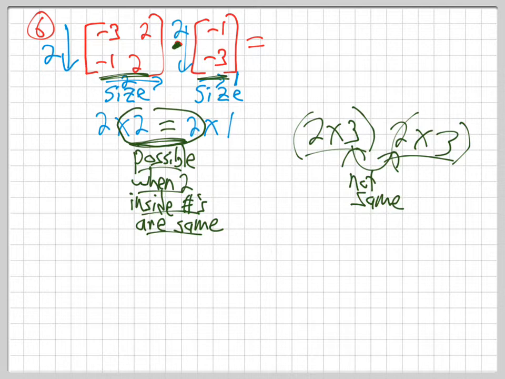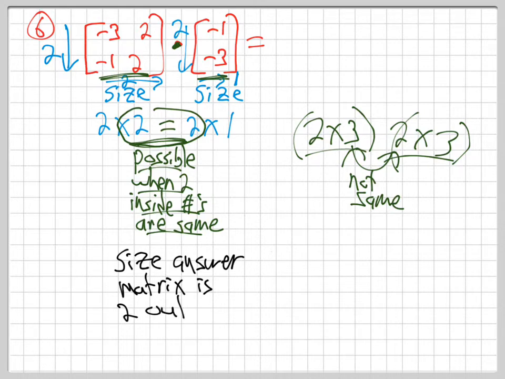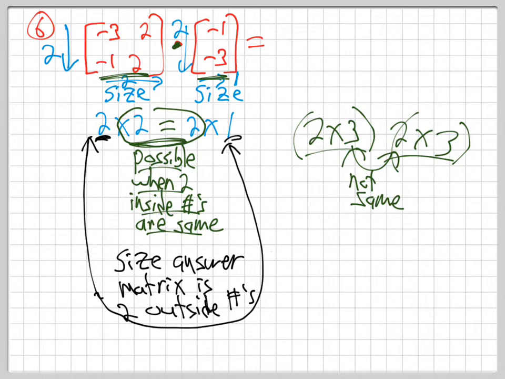Okay, now here's the other thing. The size of the answer matrix is the two outside numbers, meaning this number and this number.